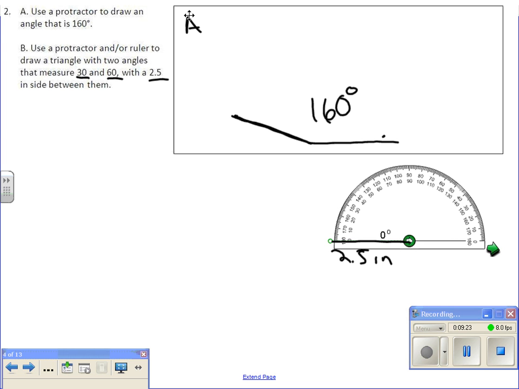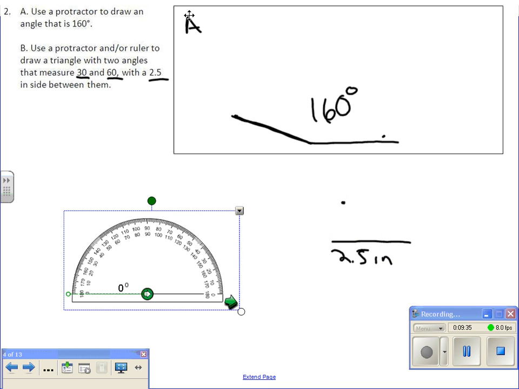So I'm going to find my 30 degrees. That's going to be right here. Now I'm going to connect these lines. All right, so there's my 30 degree angle.